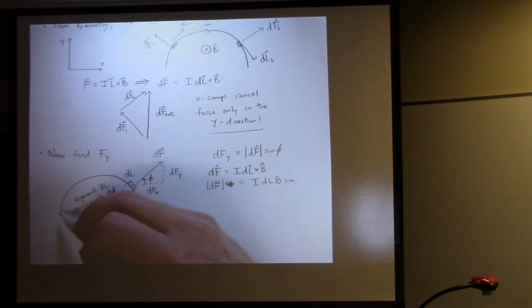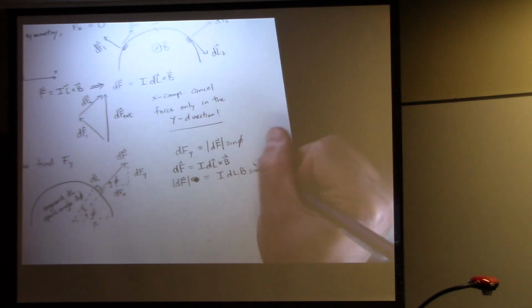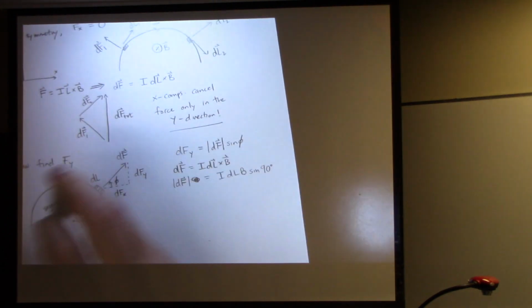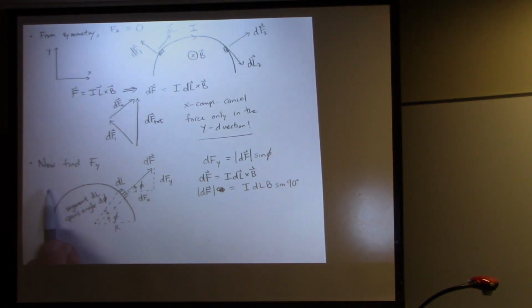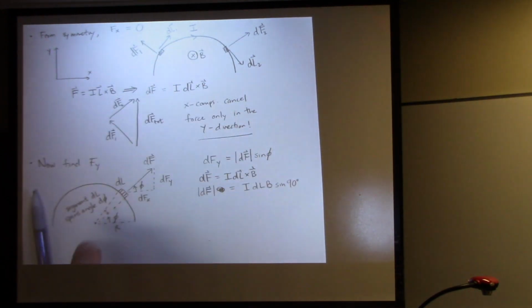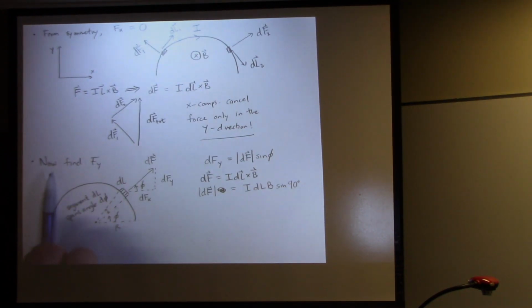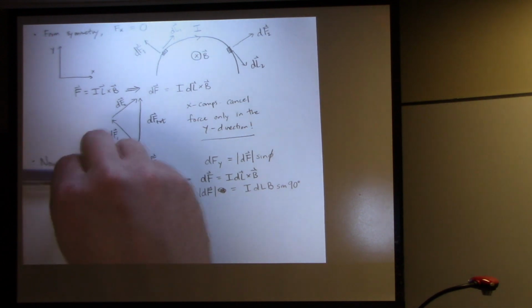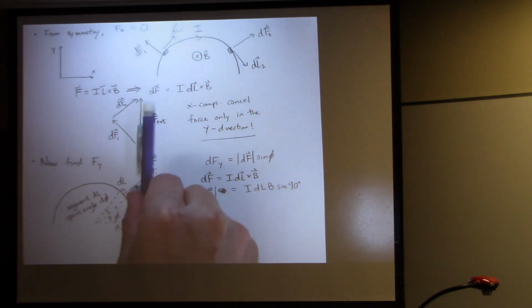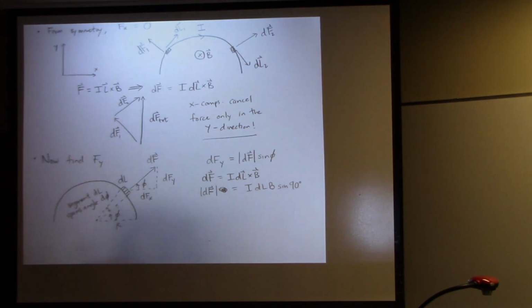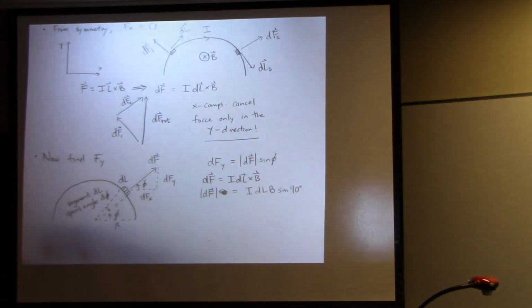So it kind of loops around here, but there's actually always a 90-degree angle between my current, which is again in the plane of the page, so might be pointing straight up over here, and then straight to the right over here, and then straight down here. But my B field is always out of the page. So there's always a 90-degree angle between my current and my B field.